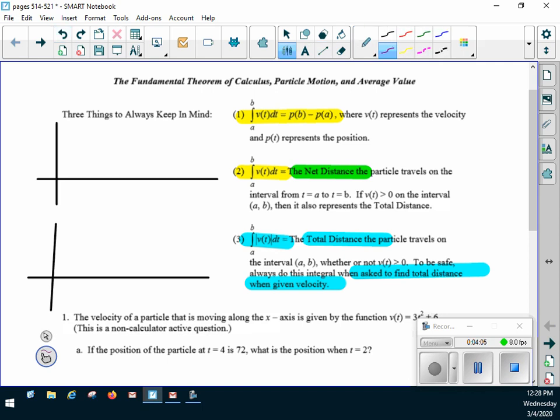Okay. So if I have an interval, let's go A to B. And I find this area. This is V of t, a velocity function.